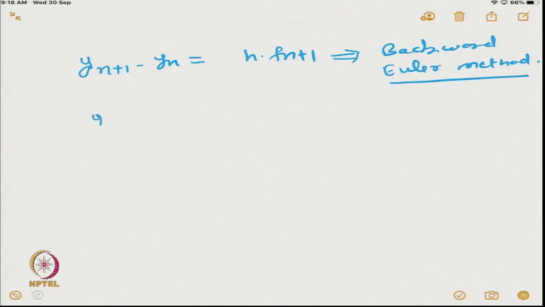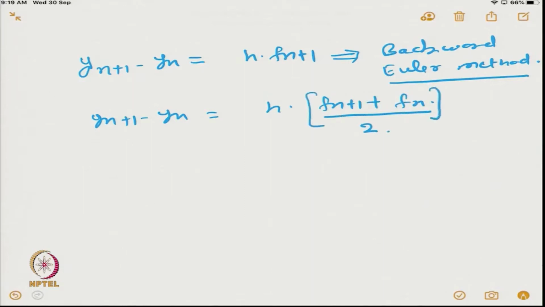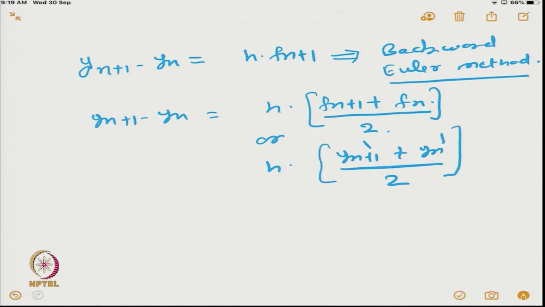And if I choose the sample point at the average of both, in that case this will become this, or this, which is basically the trapezoidal method.